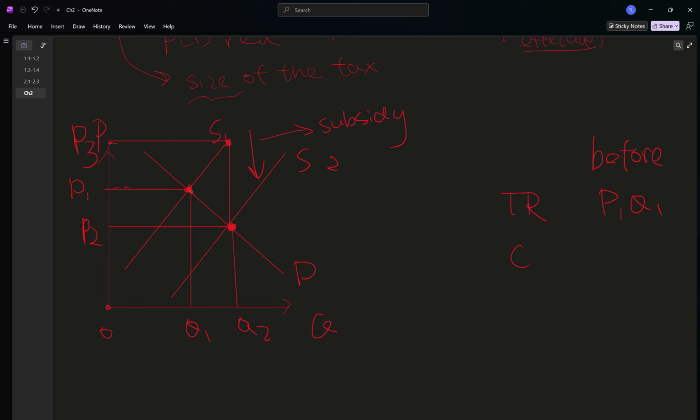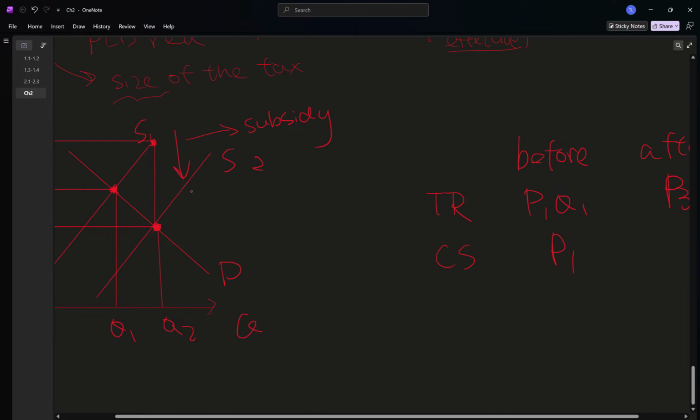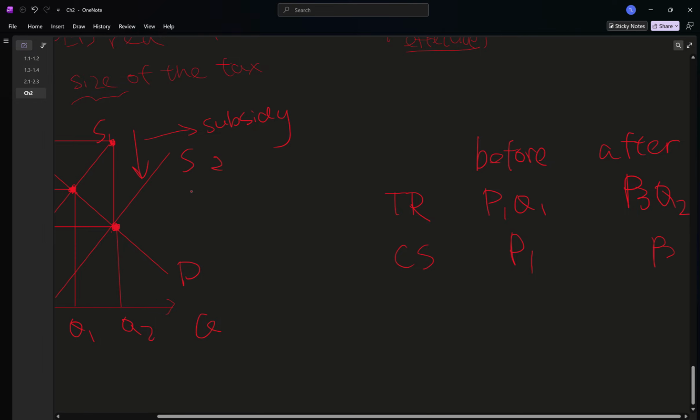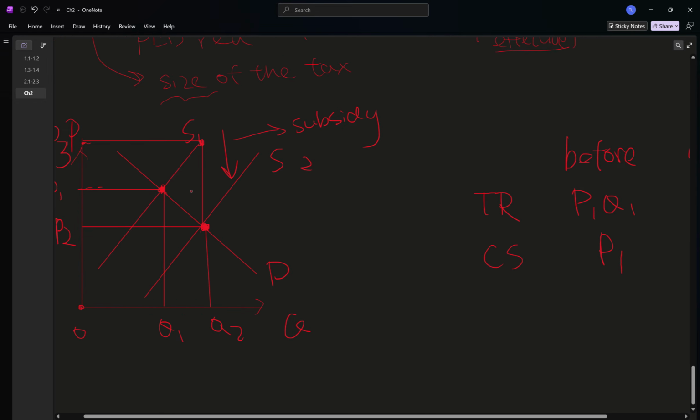And what about the consumer expenditure? Let's think from the consumer perspective. The original price is P1, and now it is P3? No. The price the consumer pays is actually P2. So in the first place it was P1, but in the end it is actually P2.